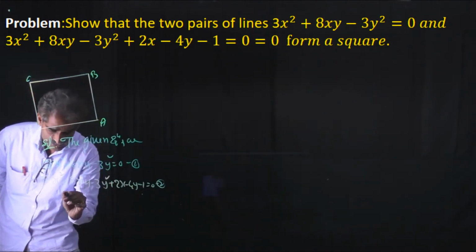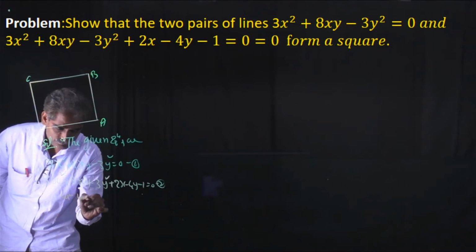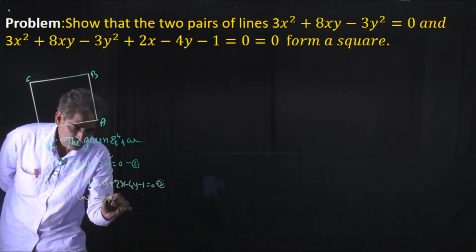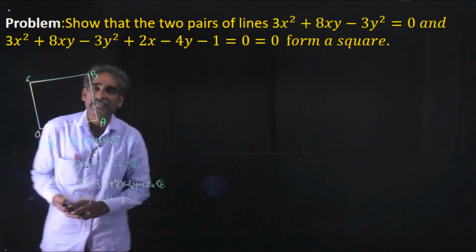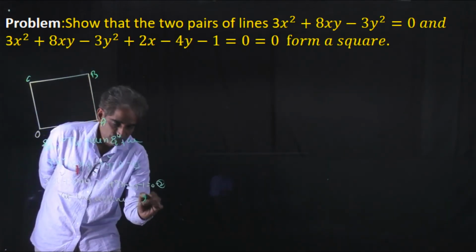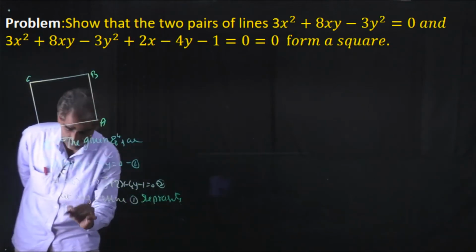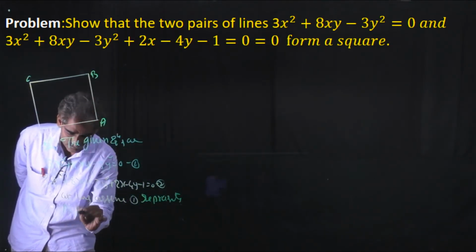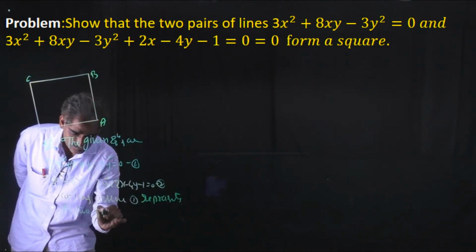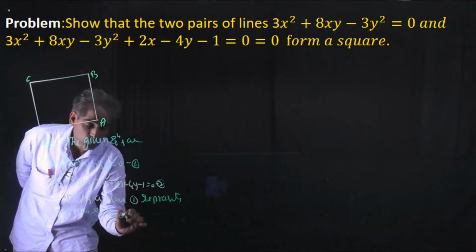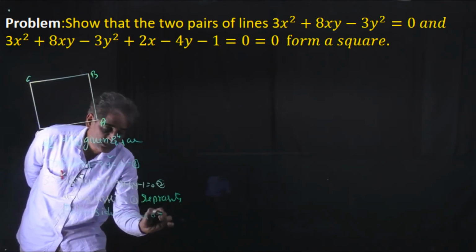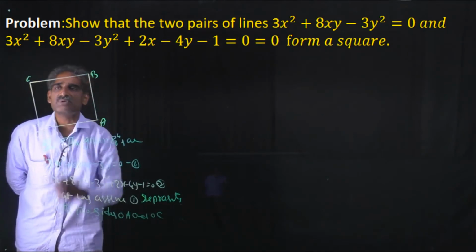So let us assume 1 represents the two sides OA and OC. Similarly, 2 represents AB and BC.